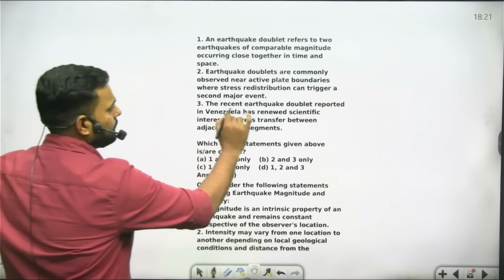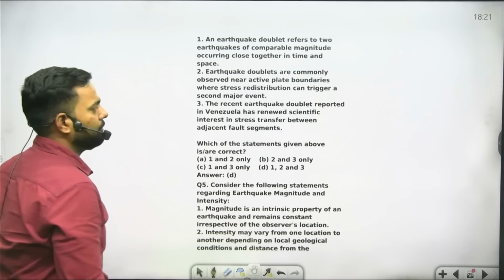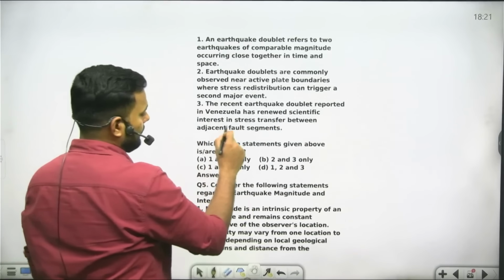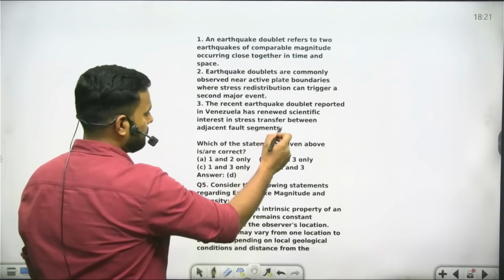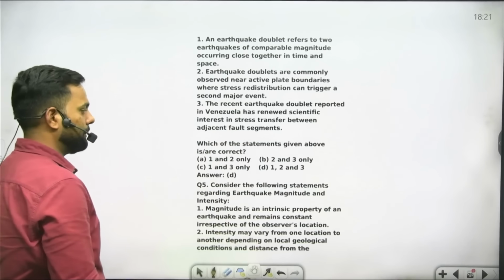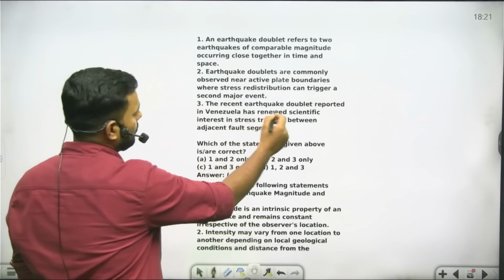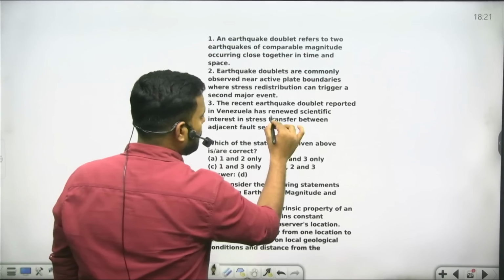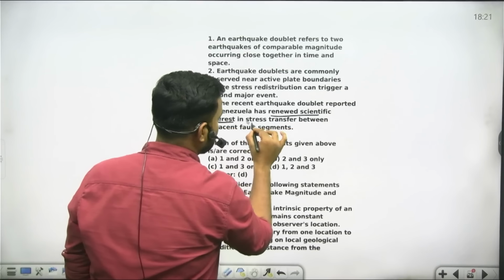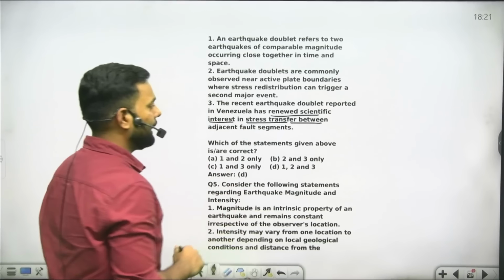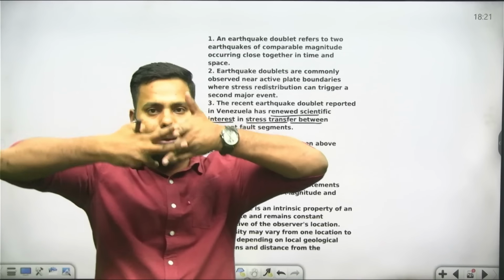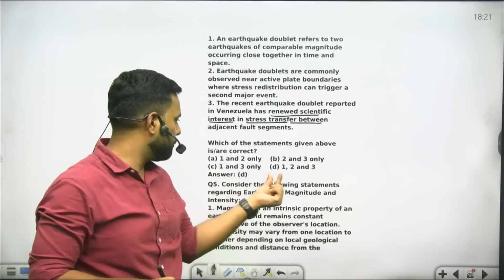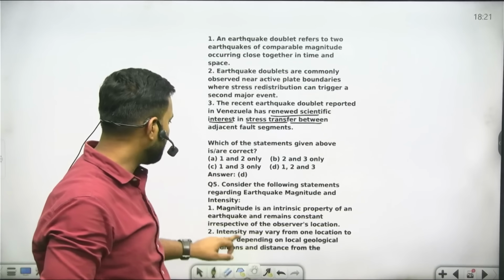Third, the recent earthquake doublet reported in Venezuela has renewed scientific interest in the stress transfer between adjacent fault segments. Ye jo abhi aapko bataya tha ye, to isme teeno option sahi hone chahiye, 1 2 3.